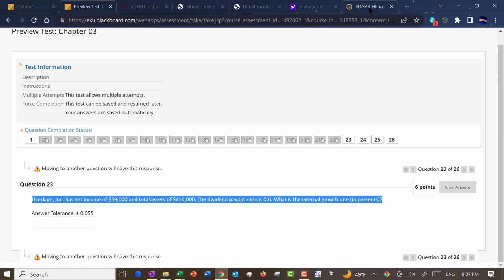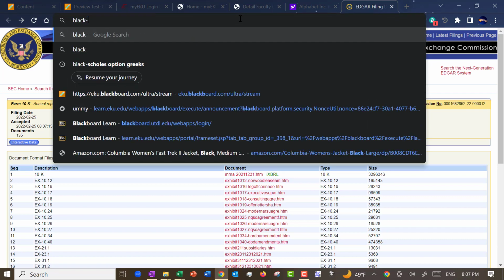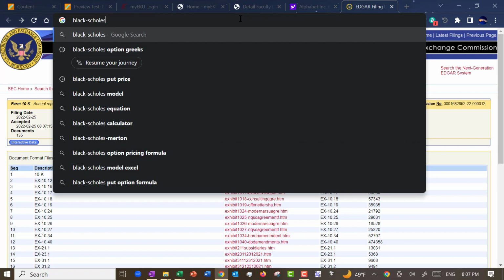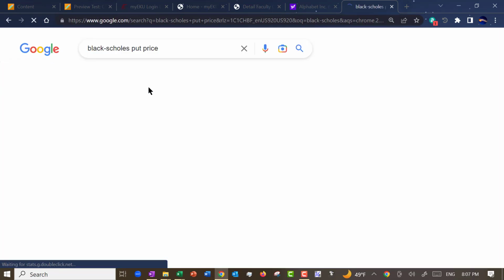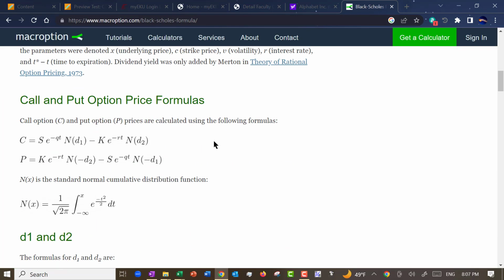In option pricing, we have a formula, something like this. Let's say put option price. I mean, it's horrible, okay? And this N thing is sort of a normal distribution. You can have all of that in Excel.